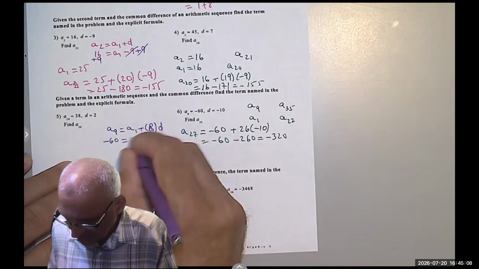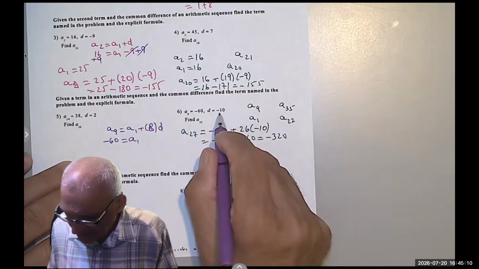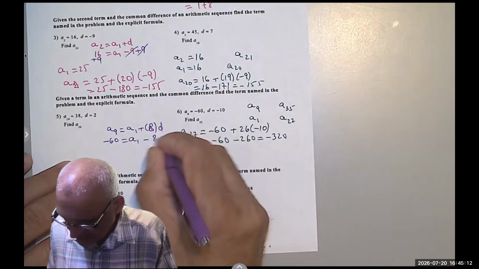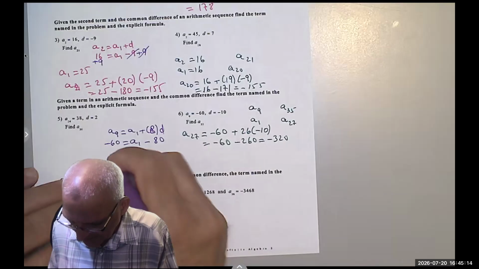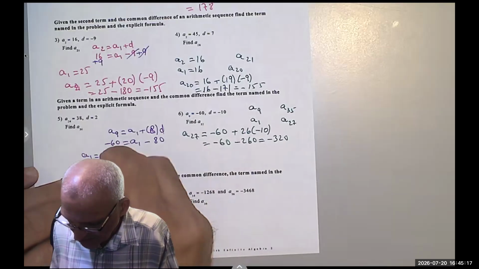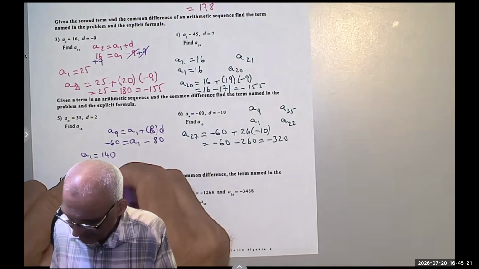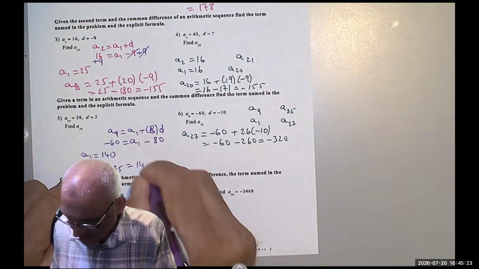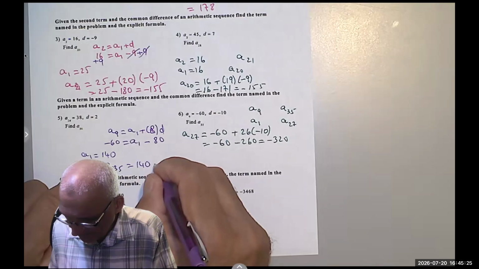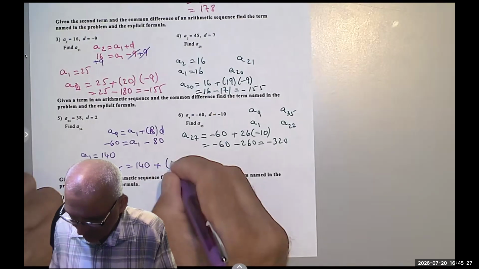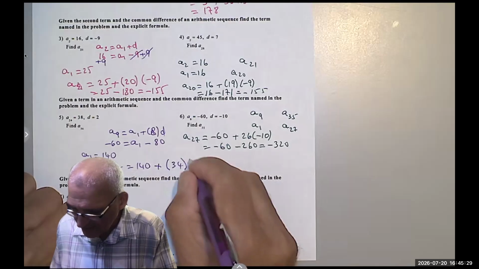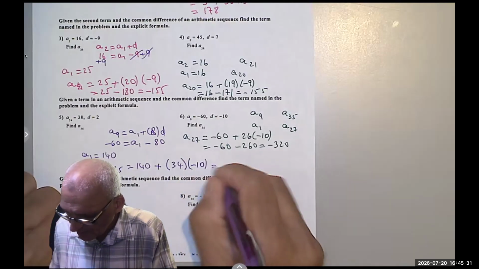A sub 1 is unknown. D is negative 10, so minus 80. I add 80 to both sides and get a sub 1 equals 140. And then solve the original problem. A sub 35 equals 140 plus 34, which is n minus 1, times negative 10.